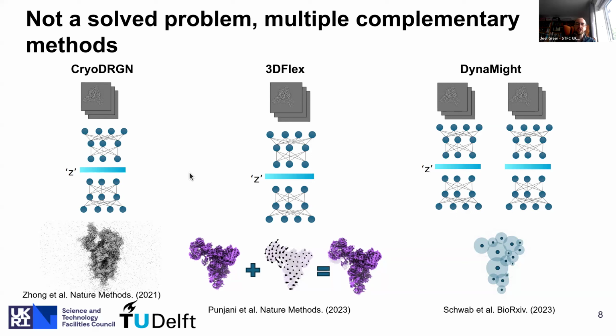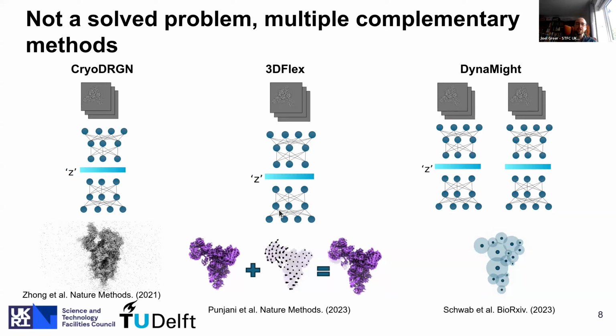One approach is CryoDRGN, which is the algorithm I was using in the previous slide. In this case, the decoder directly outputs a 3D volume density representation from a given latent space coordinate. This approach is able to handle both conformational and compositional heterogeneity in datasets, but it doesn't explicitly model any protein motion or preservation of local geometries.